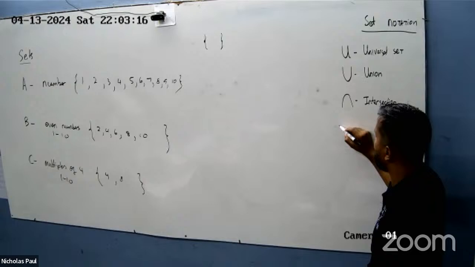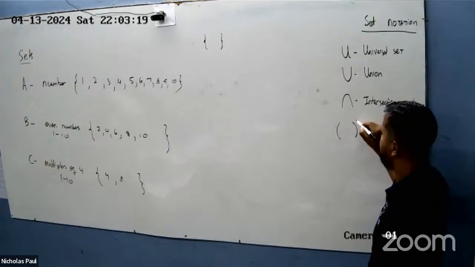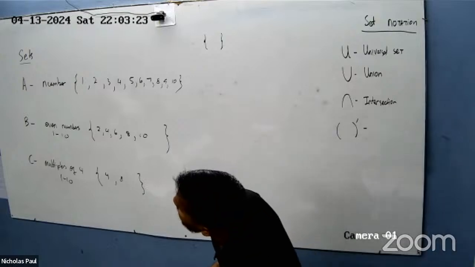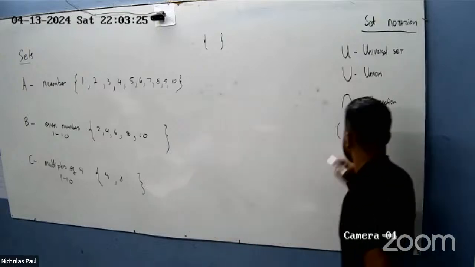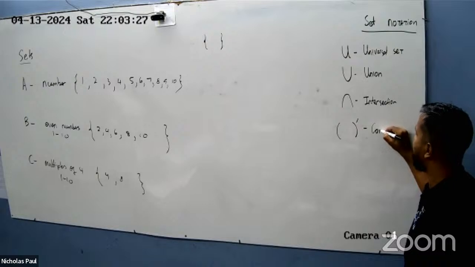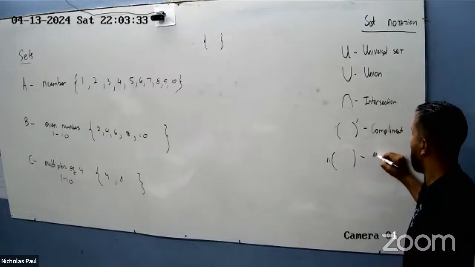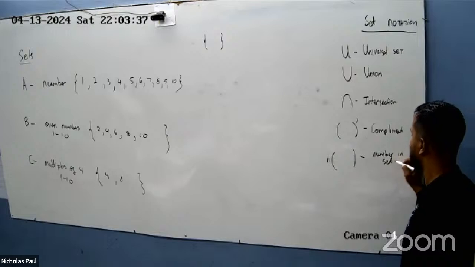Next, this little symbol here is called complement. This symbol here means number in set.